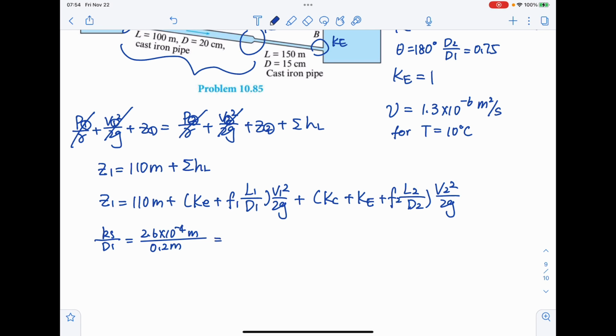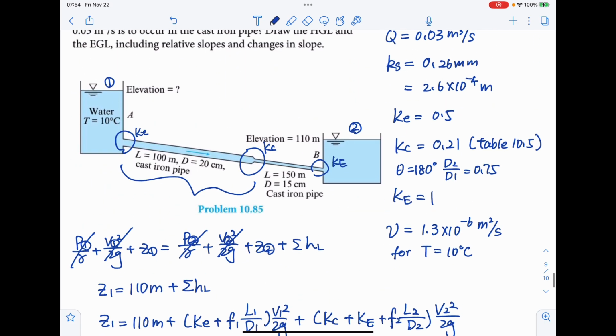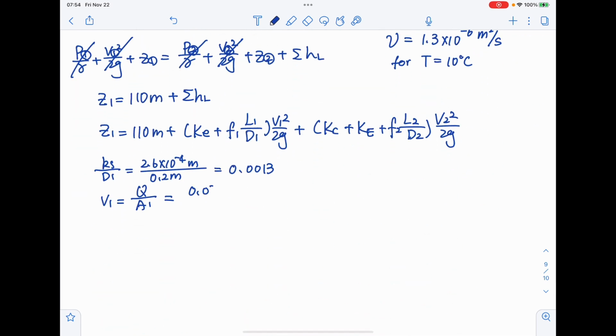So the relative roughness is 0.0013, and the velocity V1 equals Q over A1, which is 0.03 over pi over 4 times the diameter to the power of 2, which is 0.955 meters per second.